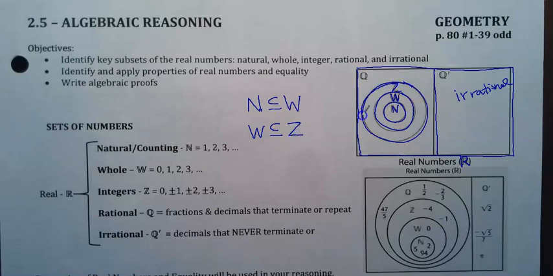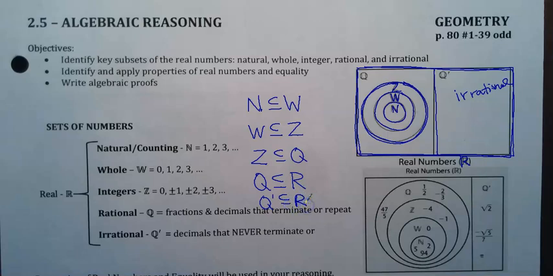Because integers are inside of our rational numbers, we can say integers are a subset of our rational numbers. And since rational is inside all of the real numbers, we can say our rational numbers are a subset of our real numbers. But so are the irrational. So we could say irrational numbers are a subset of the real numbers.